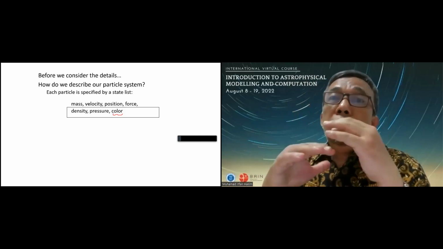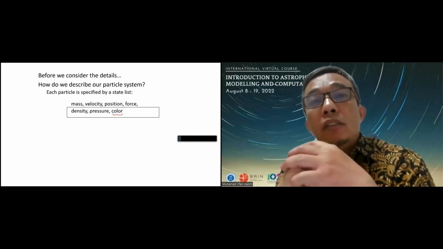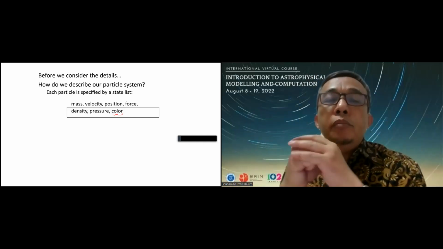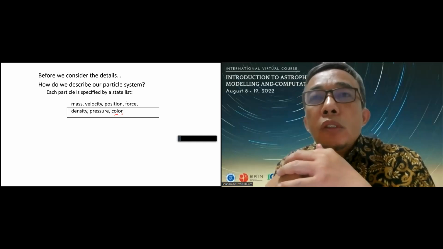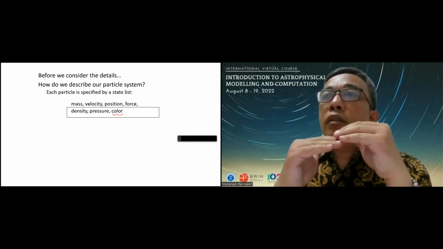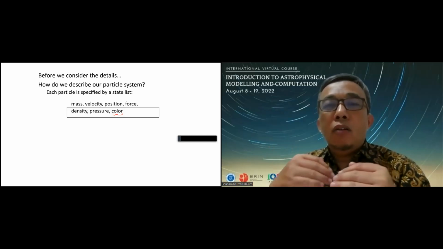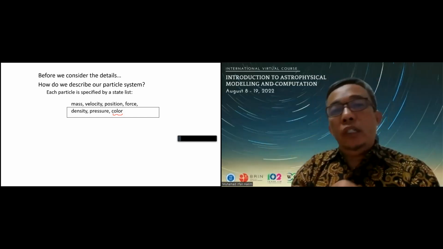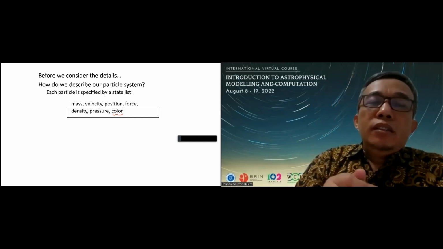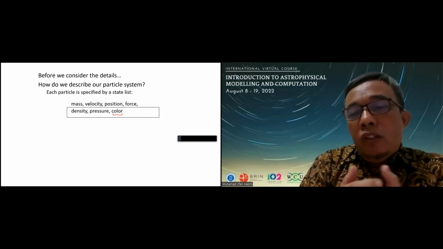We need to do rendering of the particle system. Look at the surface, for example. Some of the particles are moving up, some are moving down, or another complex motion. So we need to represent this dynamic system.